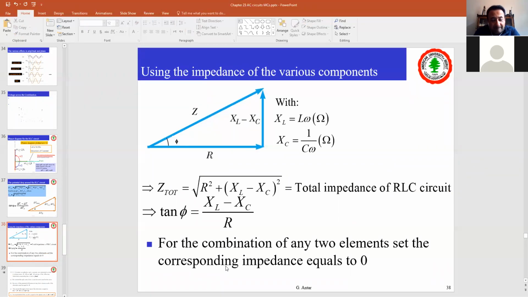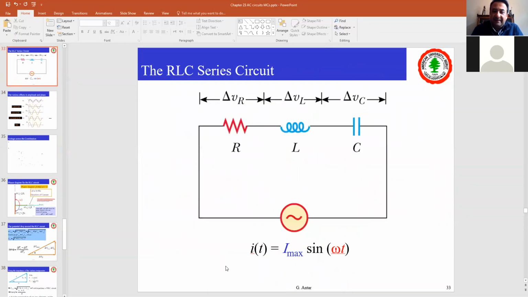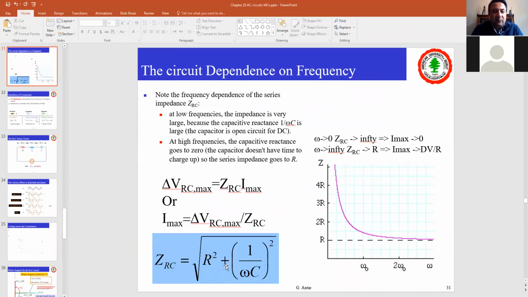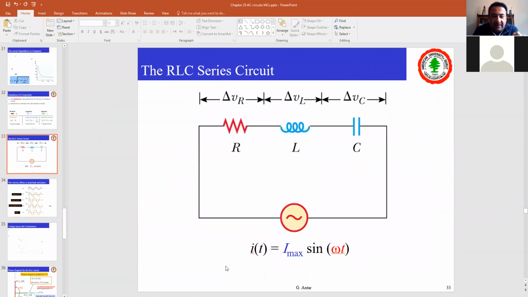So basically, what happened here is that we made omega tend to 0, omega tend to infinity, and as omega tends to 0, the capacitor acts as an open circuit, and then the current is equal to 0. And this is going to be the same here. So if omega tends to 0, then this capacitance will cut the current, and the current will be equal to 0.